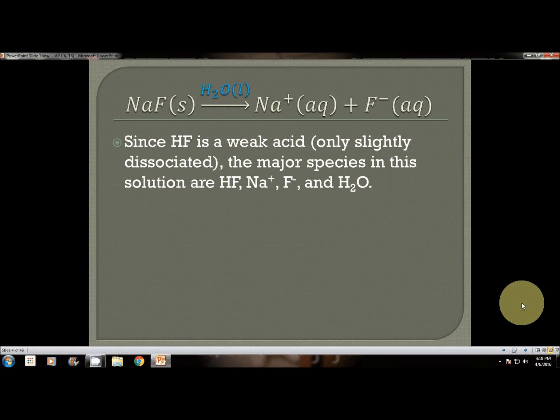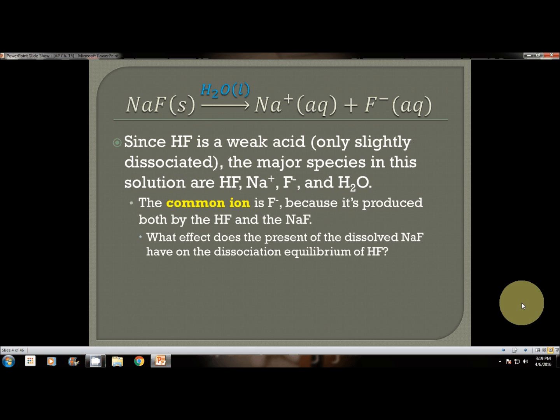When the HF is a weak acid, only slightly dissociated, that means the HF will mainly stay together. So the major species in our solution of HF and NaF are the hydrofluoric acid, the sodium ion, the fluoride ion, and water, because it's an aqueous solution, and we always forget about the water.